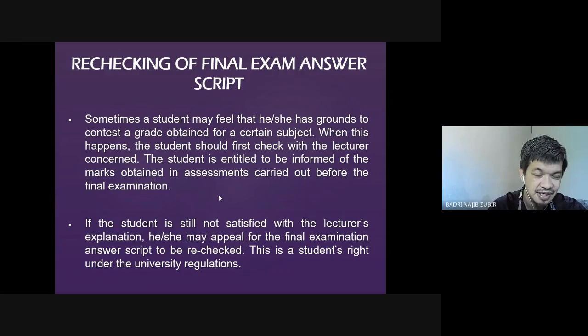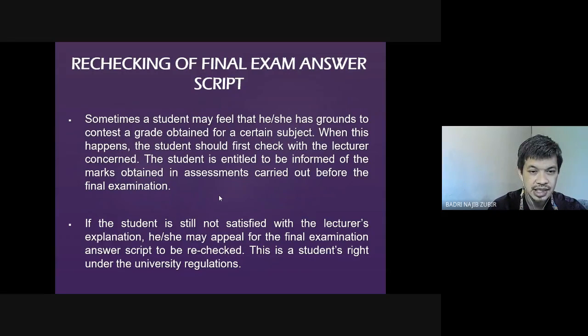If you have 45 plus 25, it is 70. If the new examiner gives you 26, 45 plus 26 is 71. So your grade will still be B, because B is from 70 to 74.